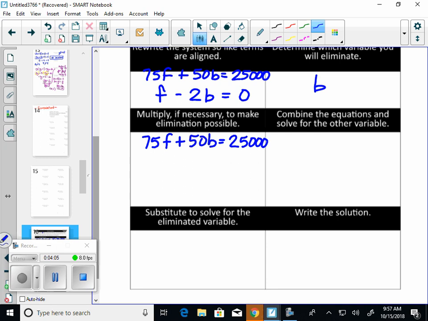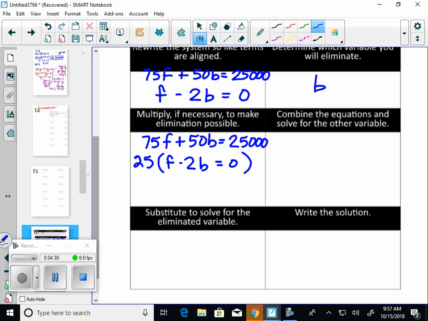That one I'm not changing. The second one, however, I'm going to take and multiply everything by 25. I feel like I need to write that down, that way we don't forget what I've done.